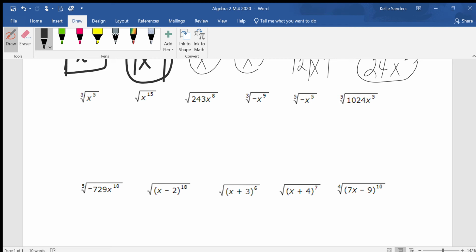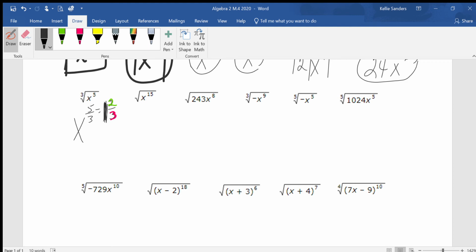Okay, so now x to the 5 over 3. Well, 5 over 3 is 1 and 2/3, right? So I'm going to try to do this. We'll put the 2 right there and the 3, and we'll keep the 1 black, and I'll show you where all of those numbers go.